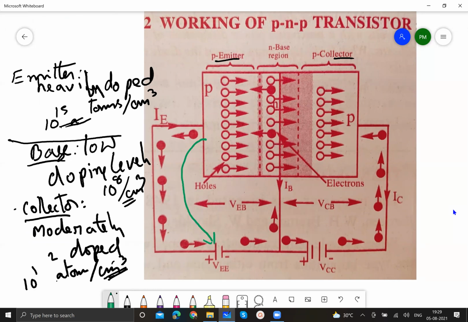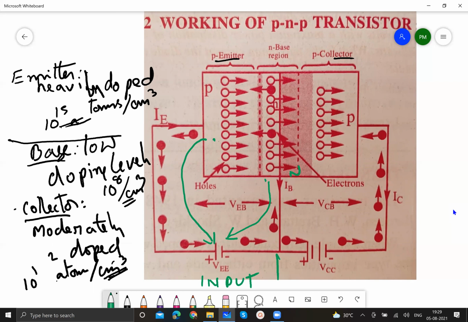This is the positive terminal of the battery. And this is N. This is connected to the negative terminal of the battery. This is called the input circuit. Input is applied between base and emitter. So this is input.